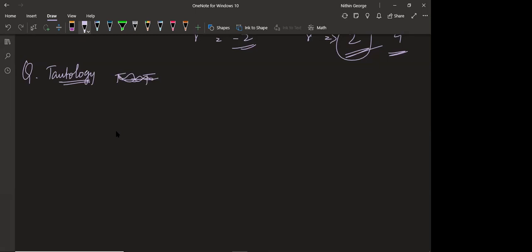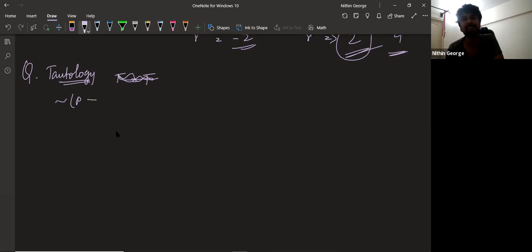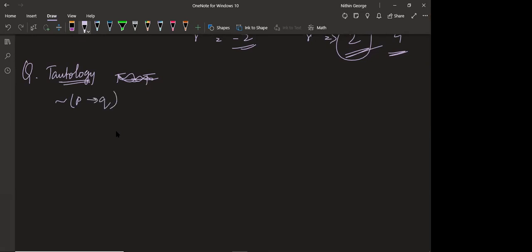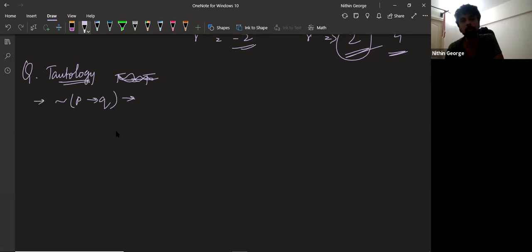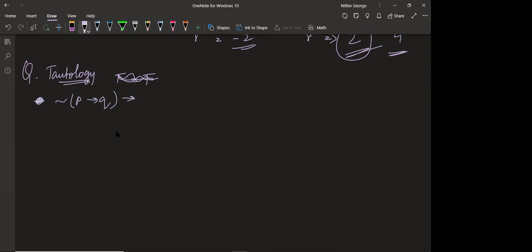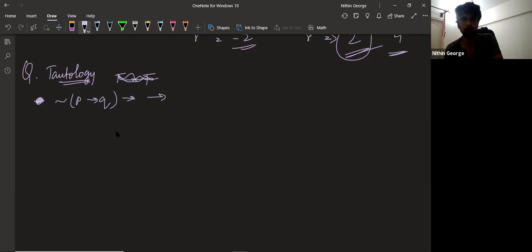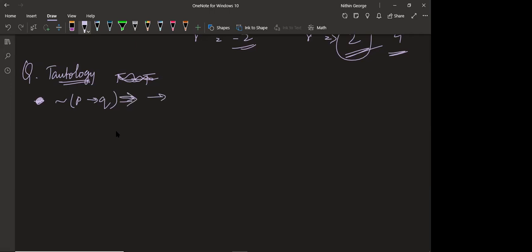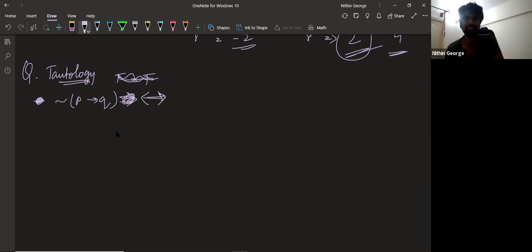The options had a similar symbol, and then in brackets P arrow Q, with arrows on both sides, and then again a similar symbol and Q.